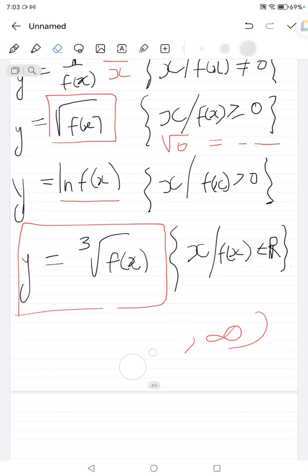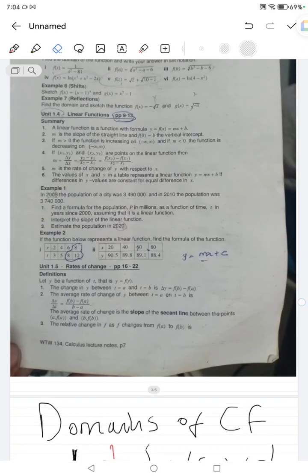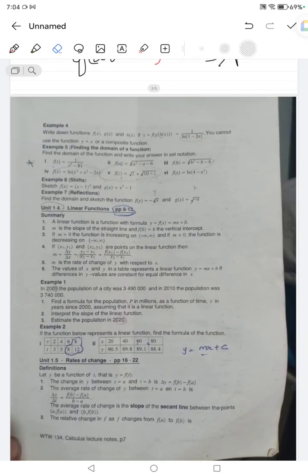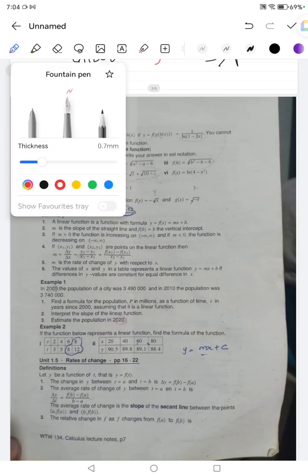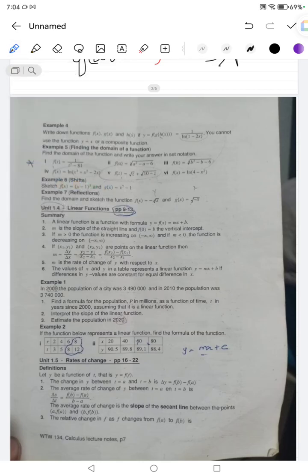So now we're just going to use this on these ones that we've got. The first one, you can see we have 1 over something. We have 1 over t squared minus 81. So what would be our restriction?